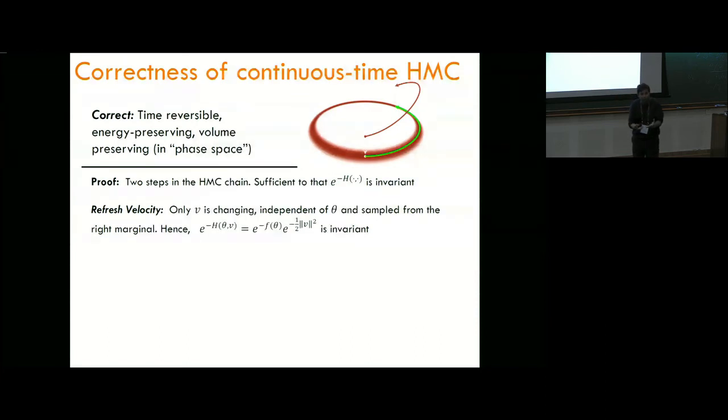So its marginal is already the normal distribution. I'm saying something very trivial: the marginal of the Hamiltonian I defined with respect to the velocity is the normal distribution, and that is the reason why I chose the normal distribution to refresh it. Were you working on some Riemannian manifold where this would depend on the position, then you would have to replace it with that and sample a vector from that distribution.